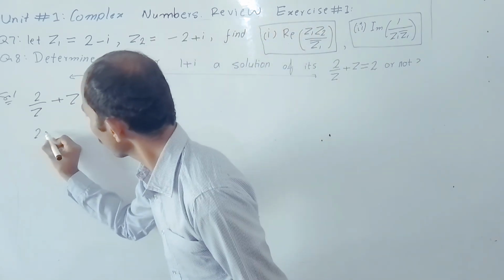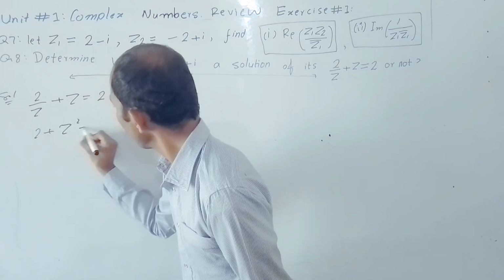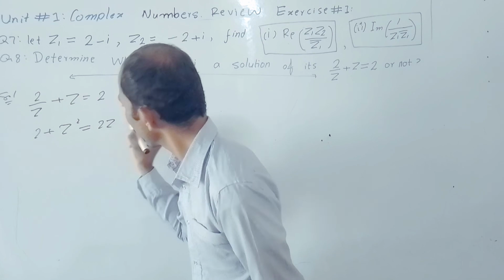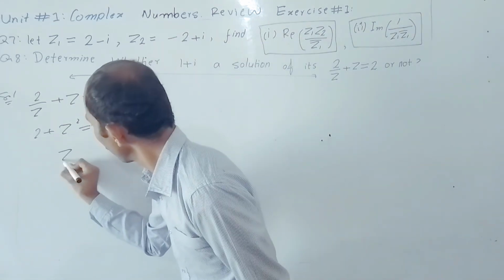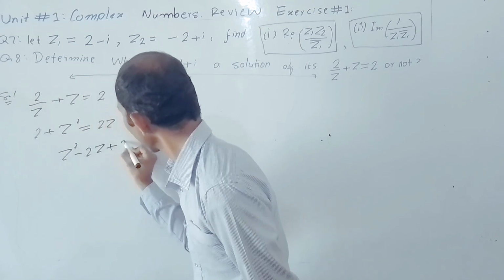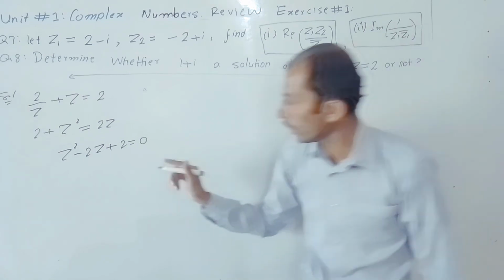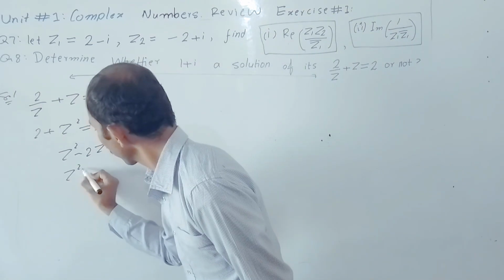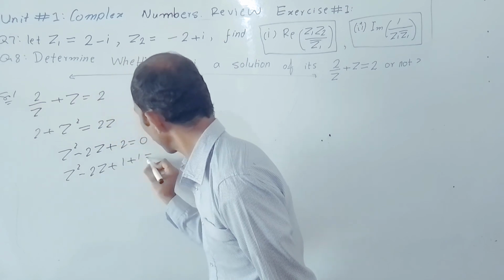So 2 plus z square is equal to 2z. Next z square minus 2z plus 2 equal to 0. So next z square minus 2z plus 1 equal to 0.